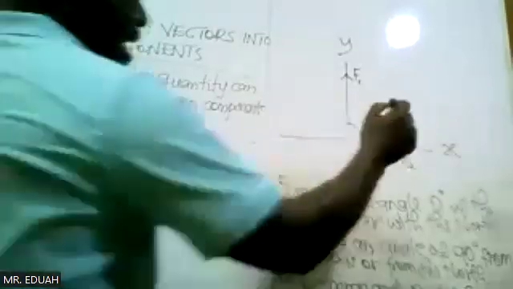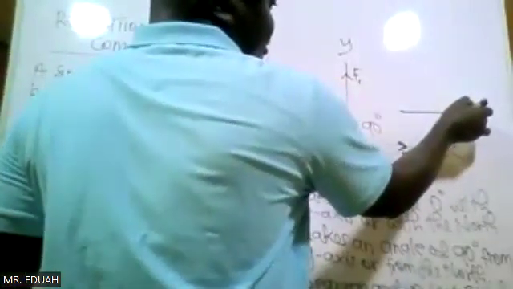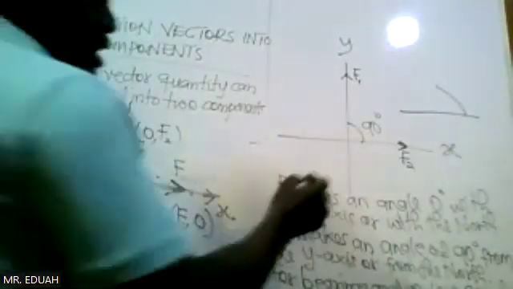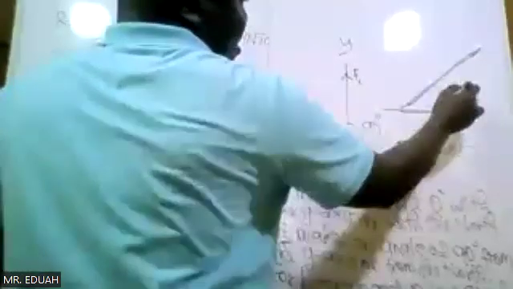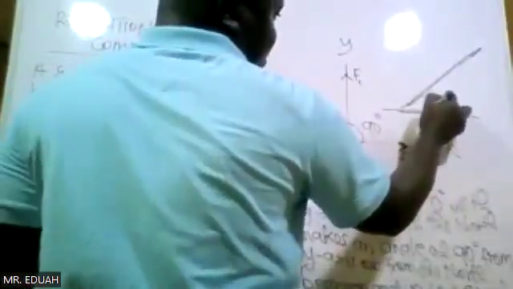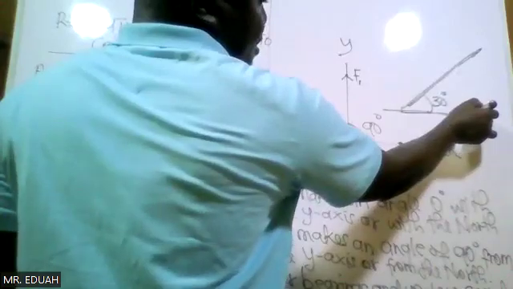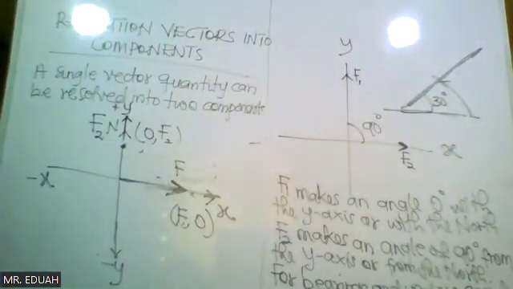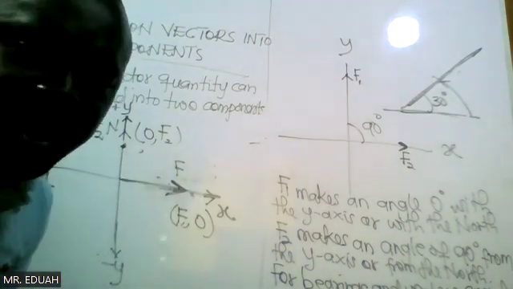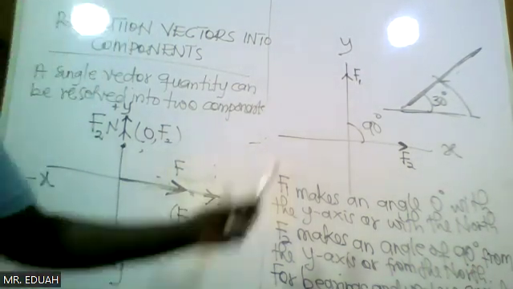Whenever you are taking an angle, you measure your angle anti-clockwise. In trigonometry, you are always measuring your angle anti-clockwise. But for bearings and vectors, angular measurement is always taken from the north.